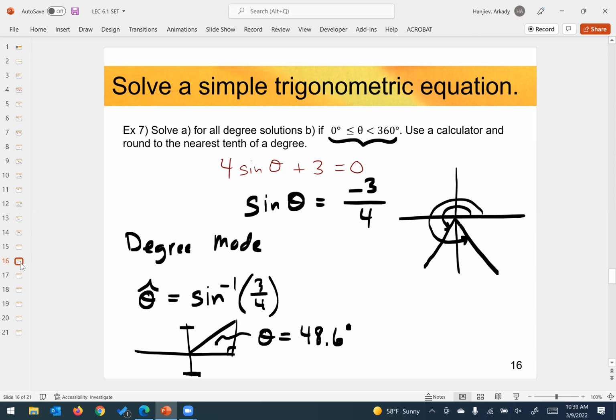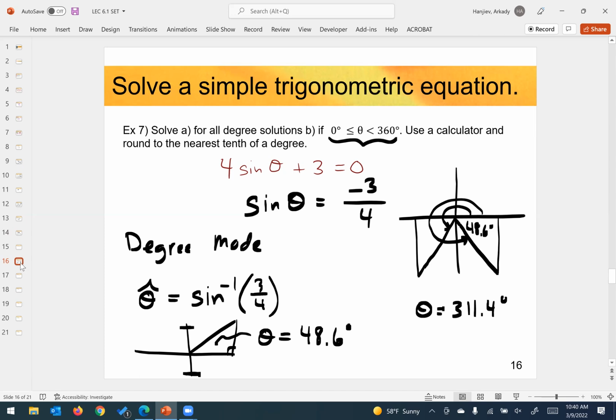So go ahead, tell me. Let me see if I can put a few more things in here. So this is going to be a reference angle of 48.6 degrees in quadrant 4. So we're 48.6 away from 360. The larger angle is 311.4.